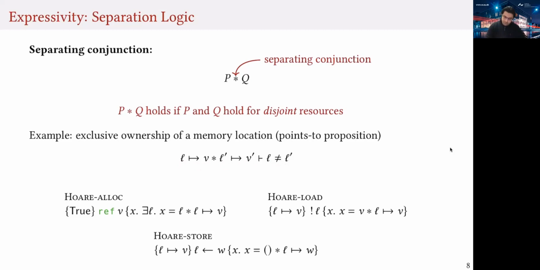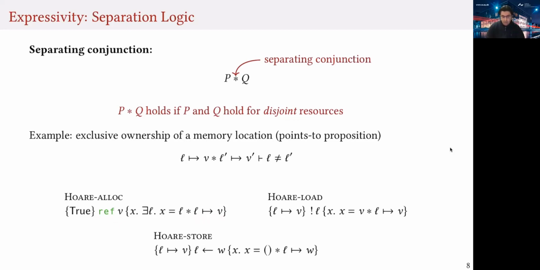right? And the logic also tells us how this points-to proposition is used. This basically reflects the semantics of the program that you expect. When we allocate a reference, we get the exclusive ownership of the reference that we allocated.